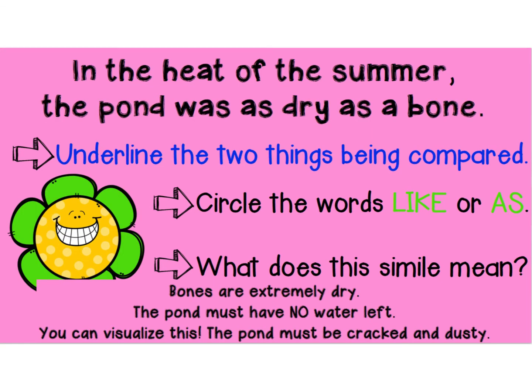Now we have the simile: in the heat of the summer, the pond was as dry as a bone. So the two things I'm comparing here, I am actually comparing the pond to a bone.